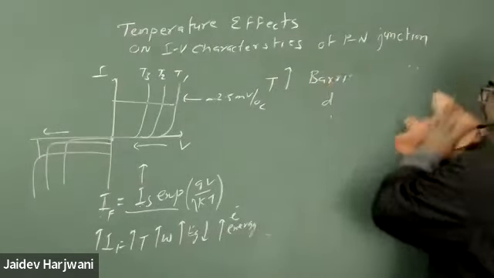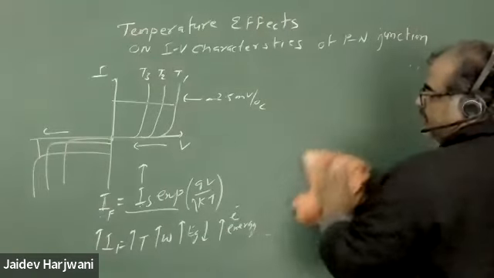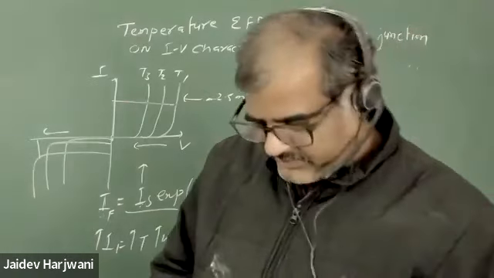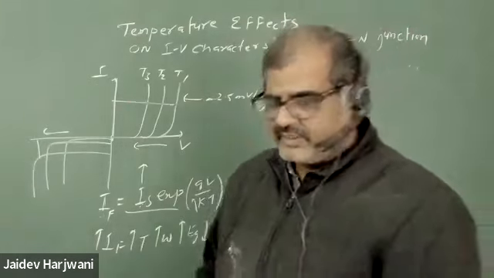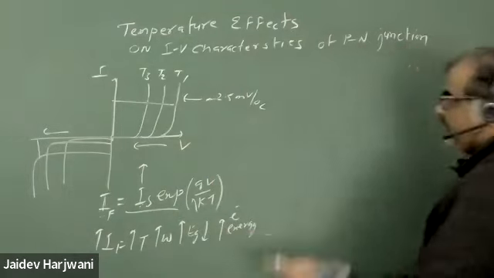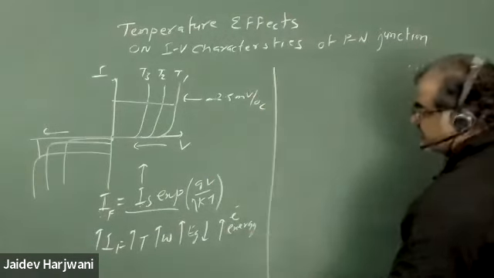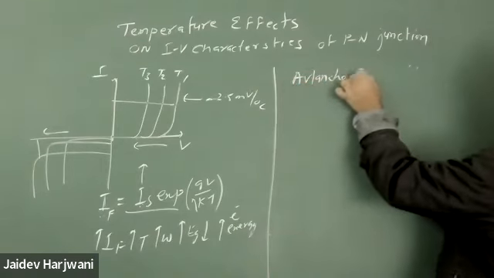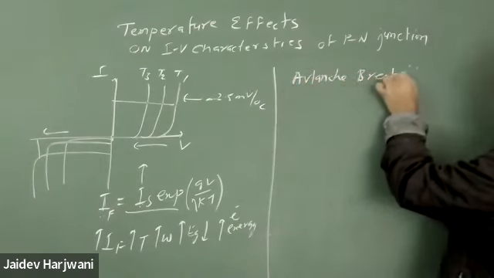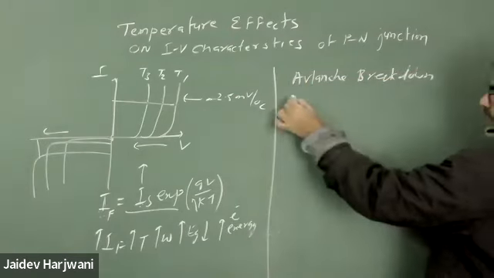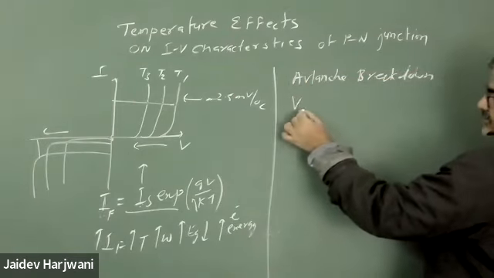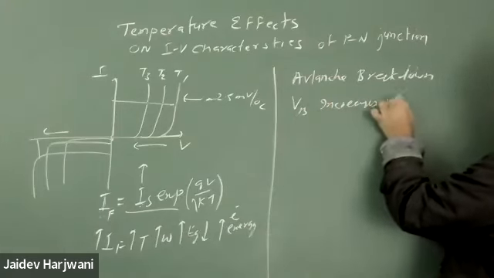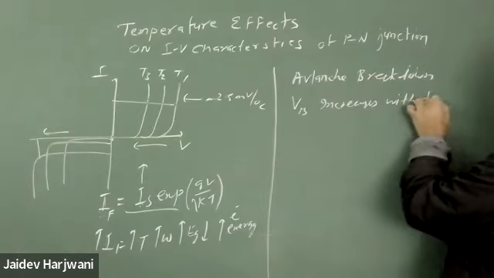Now let me explain the breakdown voltage. Why is the breakdown voltage increasing? First of all, we have to understand what breakdown voltage is, what avalanche breakdown is. In avalanche breakdown, the breakdown voltage VB increases with temperature.